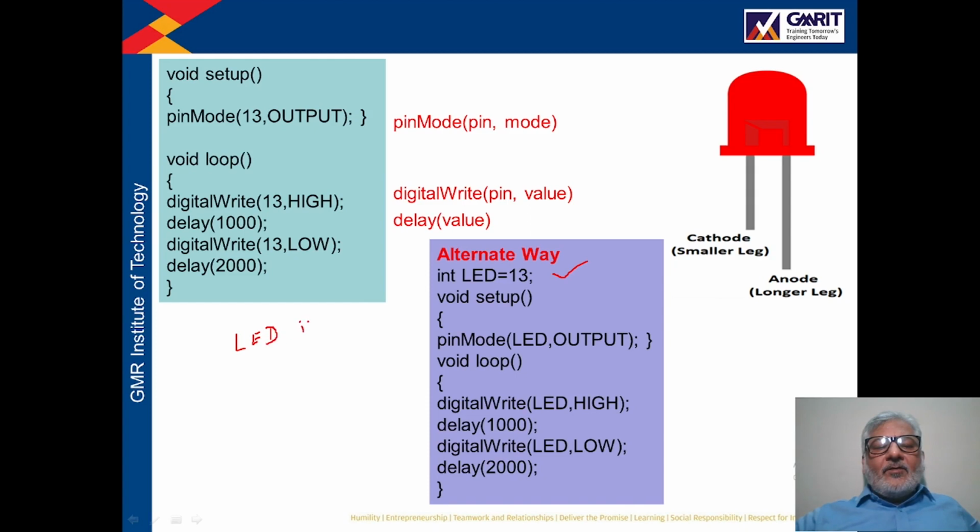LED is a variable, and this variable is of integer type. In front of it I have written int, so it indicates this is my integer type variable. And the value assigned to this LED is 13, right?